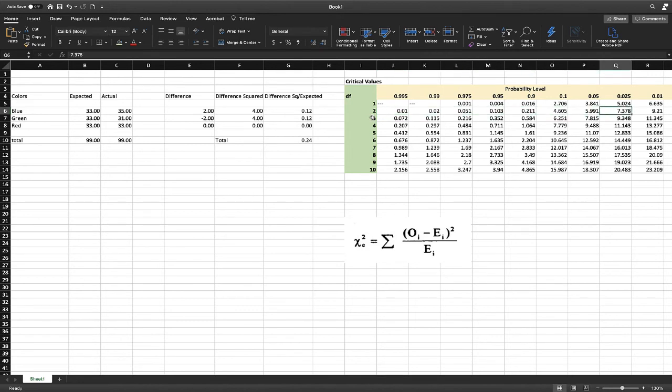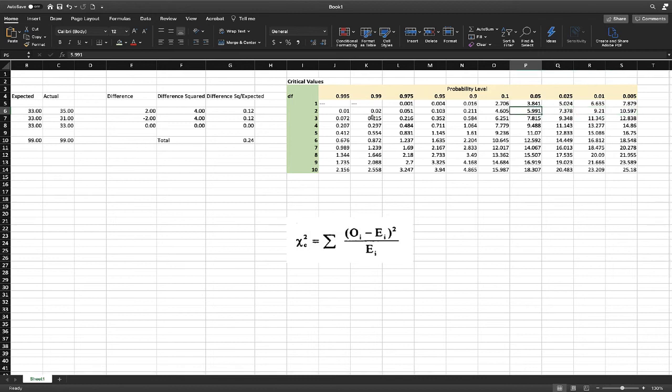Now the way that scientists typically use this is that somewhat arbitrarily we say that something is significant when 95% of the time we're going to get that result, basically. And so that, in this particular case, our number would have to be more than 5.991 to be significant at the 5% level, where we're basically correct 95% of the time.